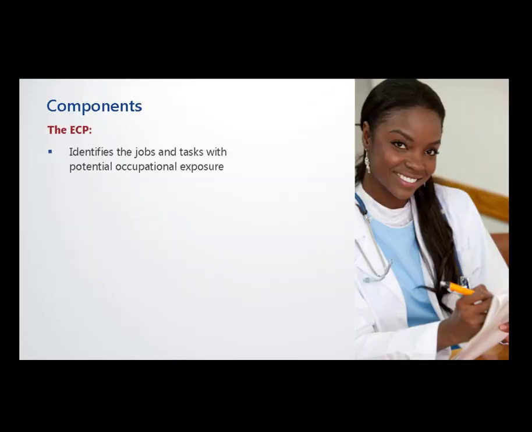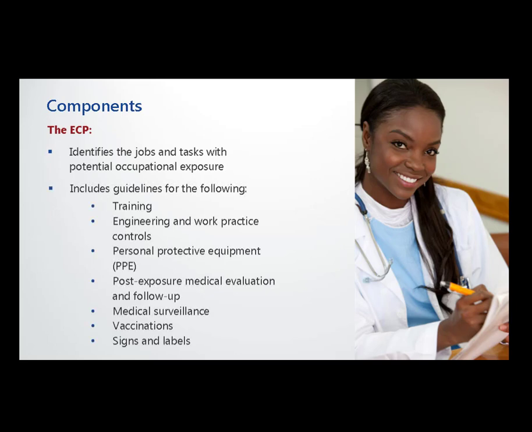The ECP identifies the jobs and tasks with potential occupational exposure to blood or other potentially infectious material. It includes guidelines for the following: training, engineering and work practice controls, including universal precautions, personal protective equipment, or PPE, to be used, post-exposure evaluation and follow-up plans, medical surveillance, vaccinations, signs and labels that communicate hazards.